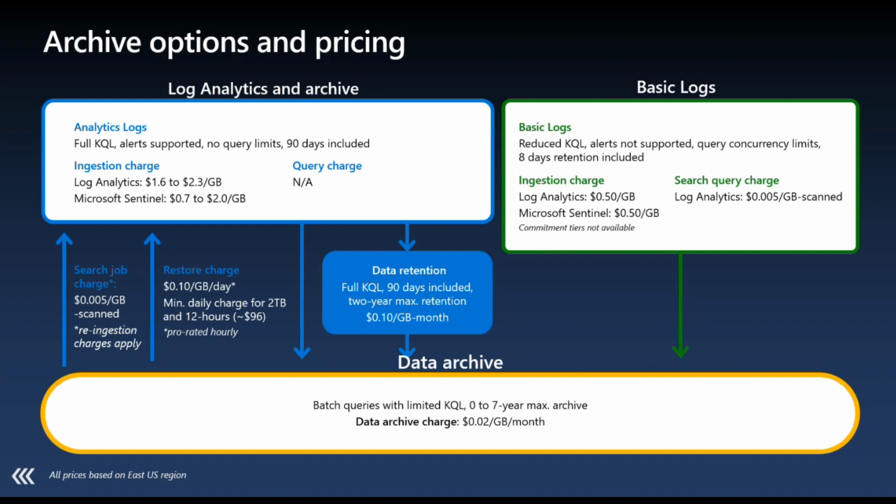When you run a query, even though the queries have a reduced number of operators available and a reduced number of concurrent queries, there is a charge of $0.005 for every gigabyte scanned.